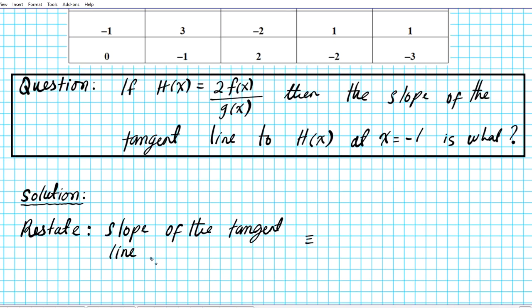So the slope of a tangent line is the derivative, okay? But the slope of the tangent line at a particular point, in this case x equals negative 1, is basically the derivative of the function at -1. So this is what the problem is asking us to find. Okay, this is much easier to handle, right? So h prime of -1 is the same thing as the slope of the tangent line at x equals -1.